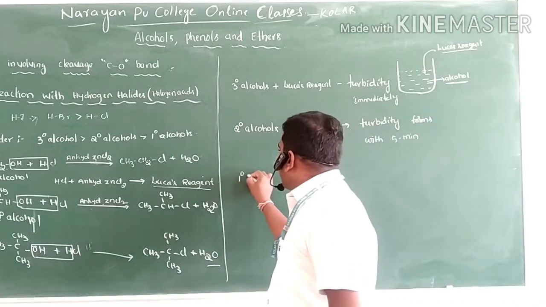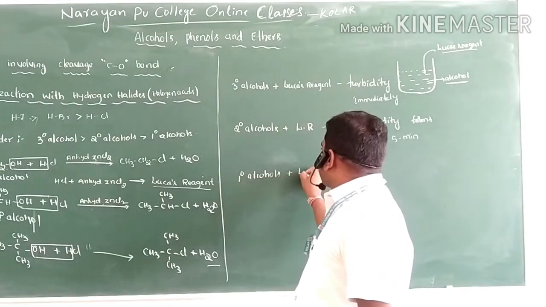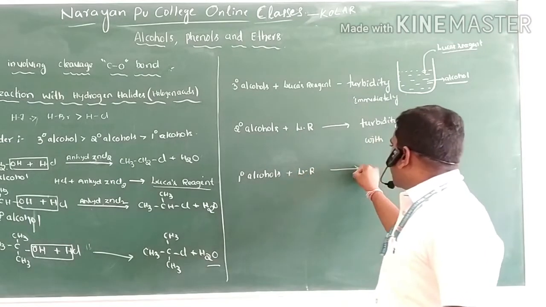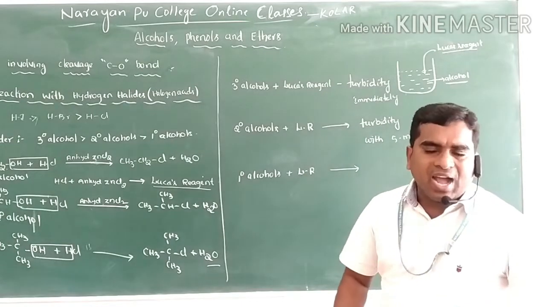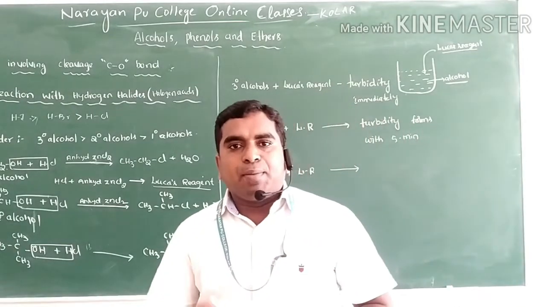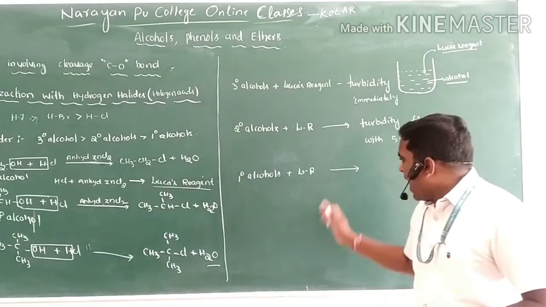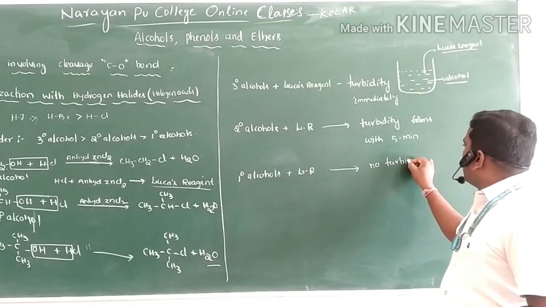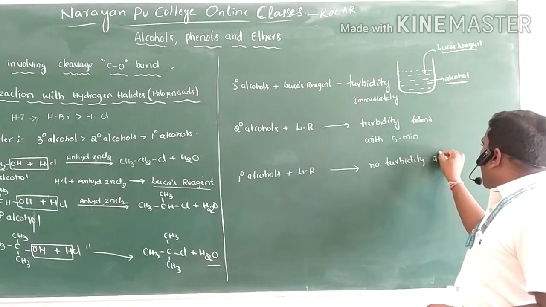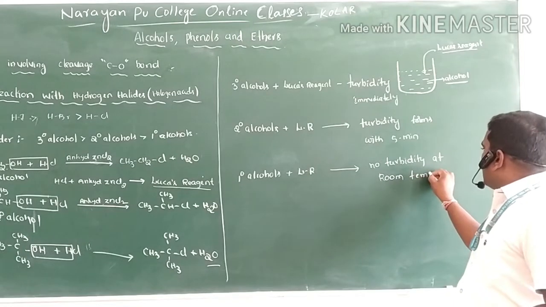And if I take primary alcohols with the Lucas reagent at room temperature, we will not get any turbidity, or you can say turbidity will form after 1 hour. Clear? So no turbidity at room temperature.